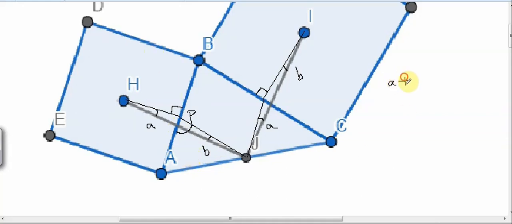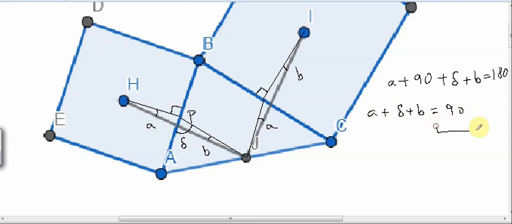A plus 90 plus, let this angle be called delta, plus delta plus B is equal to 180. So A plus delta plus B is equal to 90. Let this be equation 1.